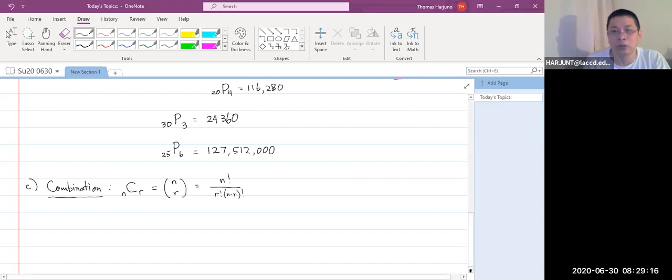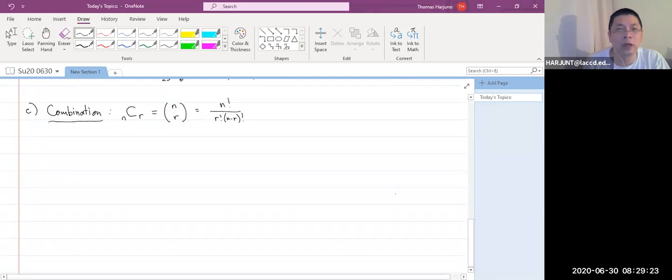Now, I saw a student from another country, I believe. The reason I say that is because even in Indonesia, when I learned it myself, we used this notation.